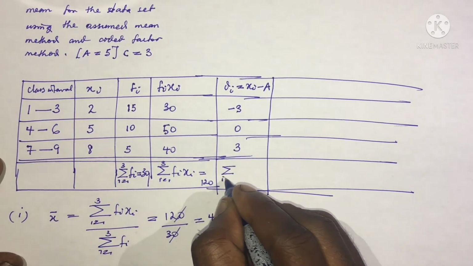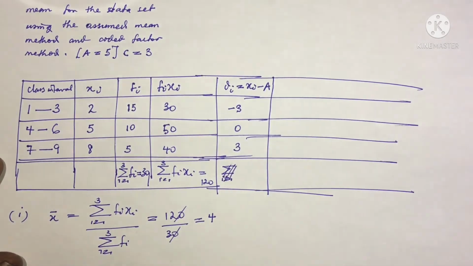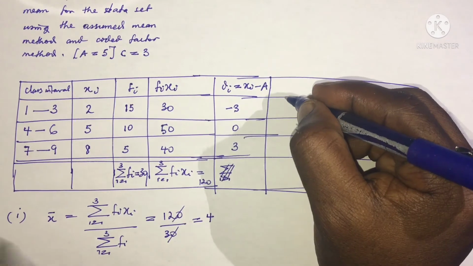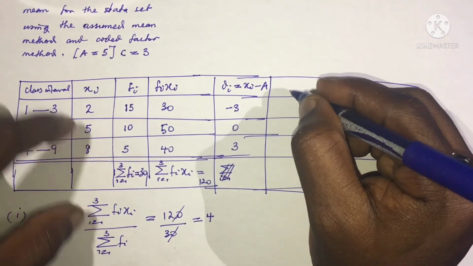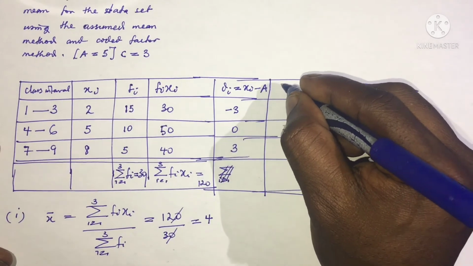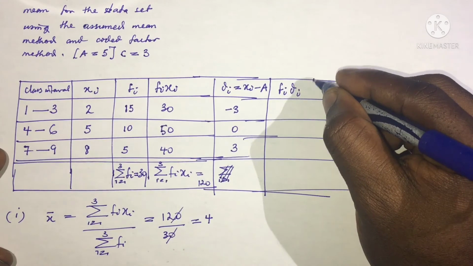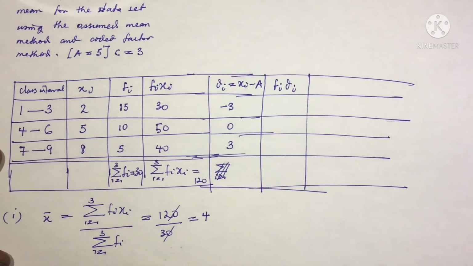Okay, I'm not going to add my di's. I'm going to go over to frequencies, because this is a group frequency distribution, so there are frequencies. After computing my di's, I'm going to compute FiDi. So I'll create a column for FiDi.